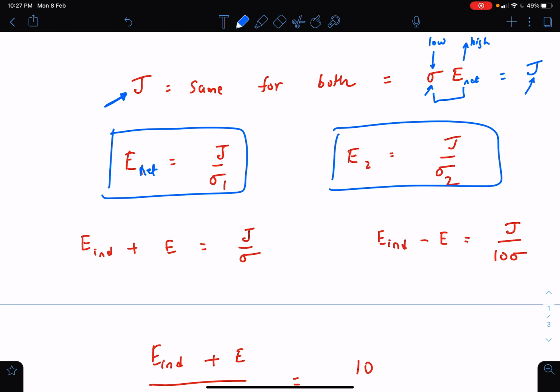Now the net electric field on the left half is equal to the induced electric field plus the electric field due to charge separation. These two have the same direction so as to enhance the overall electric field, which is required to push the electrons against higher resistance or lower conductivity.